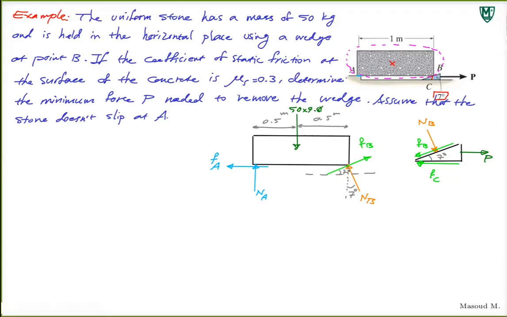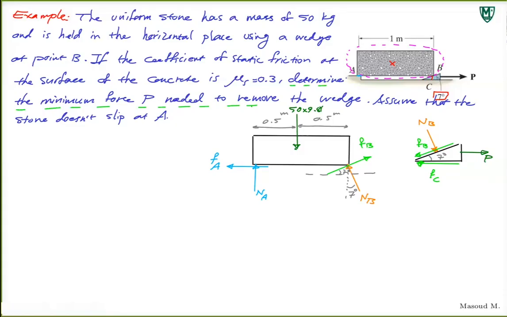All right. Minimum force P needed to remove the wedge, meaning the minimum force you need to overcome friction. What is the minimum force that you need to overcome the friction, generally speaking?